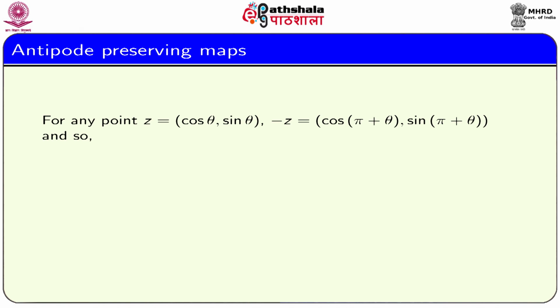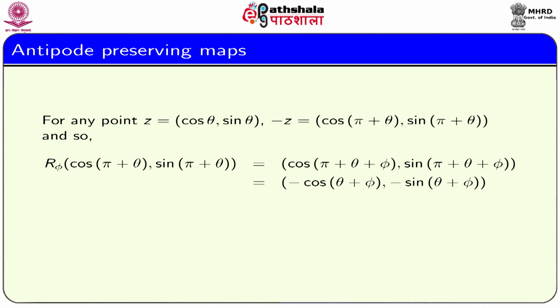Now, it can be seen easily that for the point z, which is (cos theta, sin theta), minus z is the point (cos of pi plus theta, sin of pi plus theta), and so R phi operated on (cos of pi plus theta, sin of pi plus theta) is equal to (cos of pi plus theta plus phi, sin of pi plus theta plus phi), which is equal to (minus cos of theta plus phi, minus sin of theta plus phi), and that is equal to minus of R phi (cos theta, sin theta).